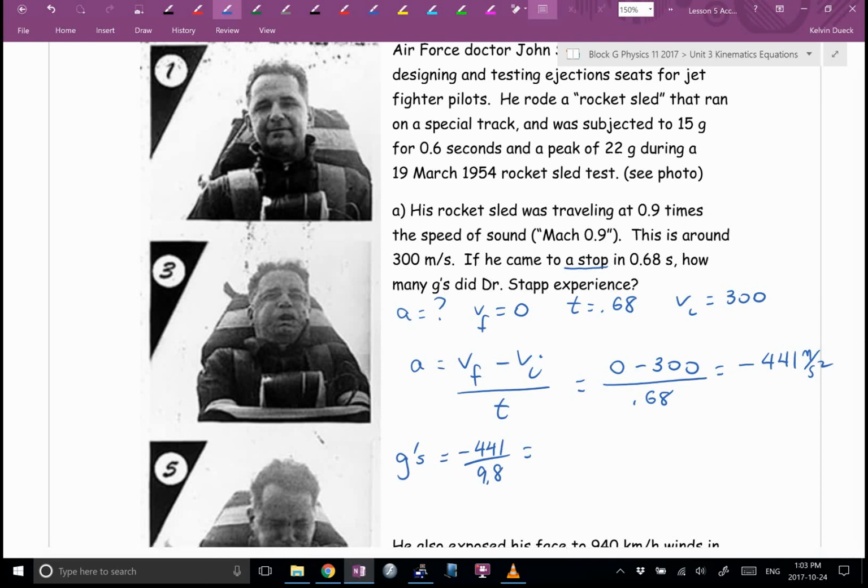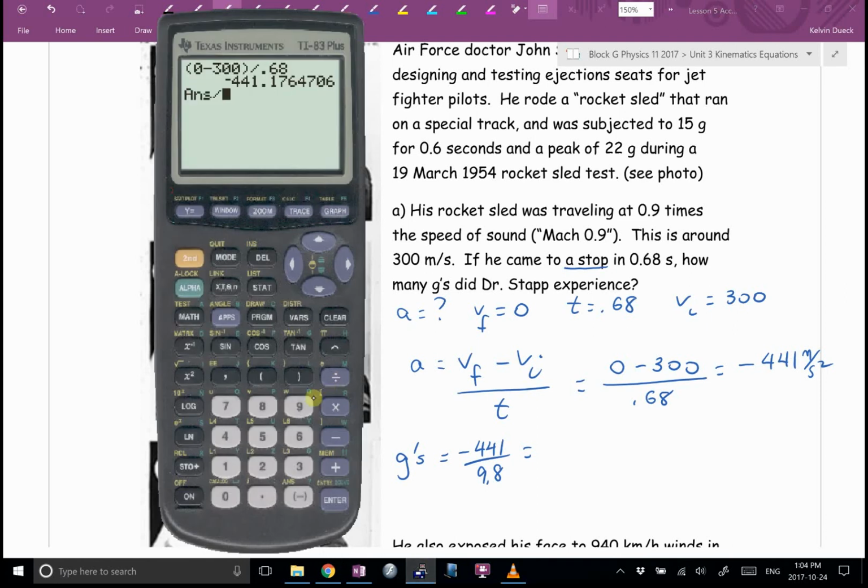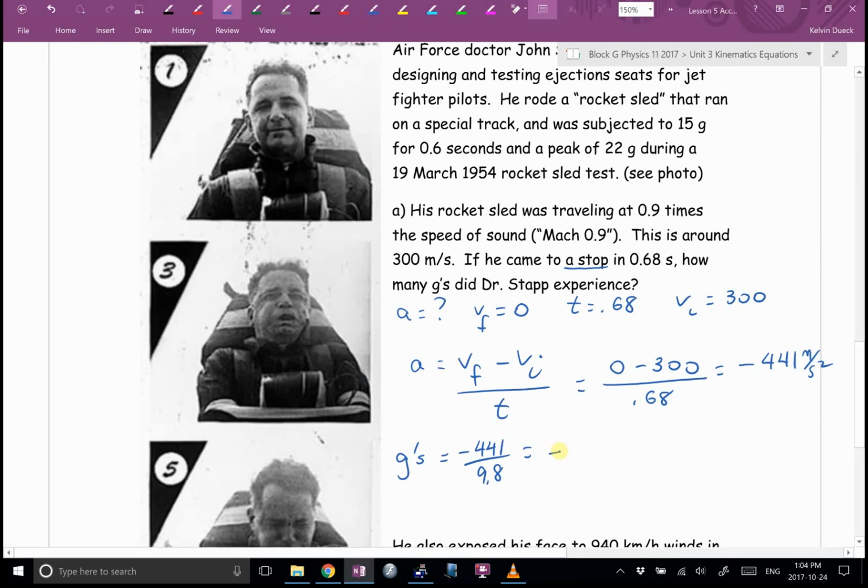I just want to know how many 9.8s fit into there. What do you get? Maddie, what'd you get? Yep. And the units for Gs are Gs. He experienced the equivalent of 44 people dogpiling on him. The negative tells you that he was slowing down.